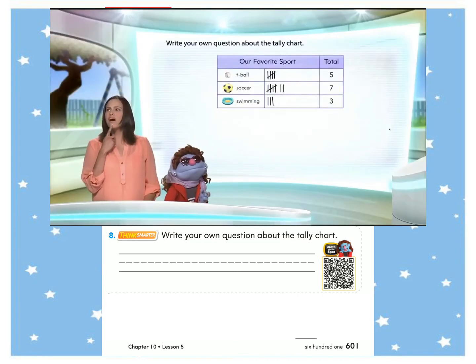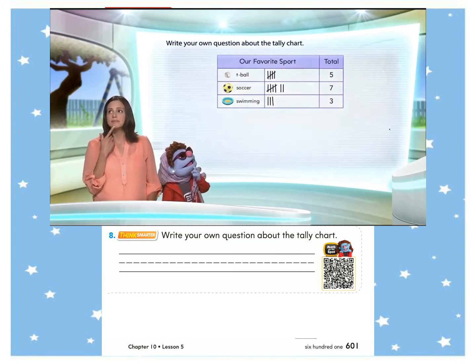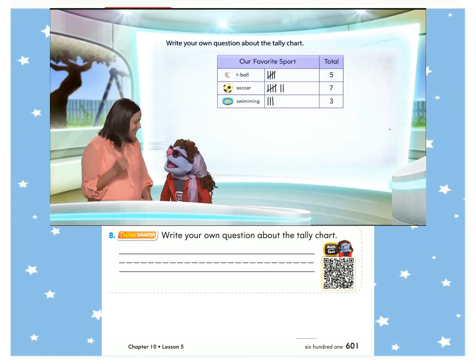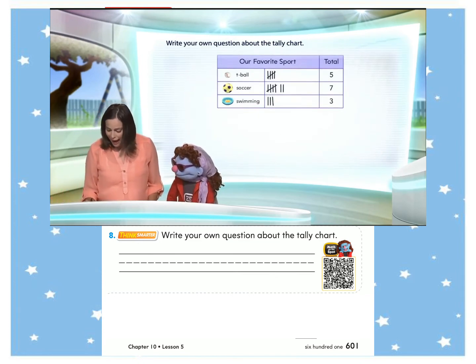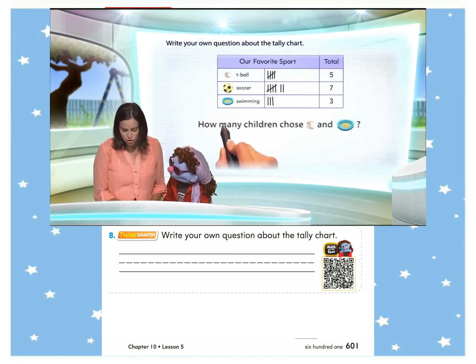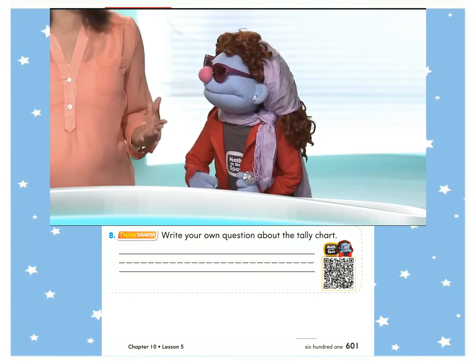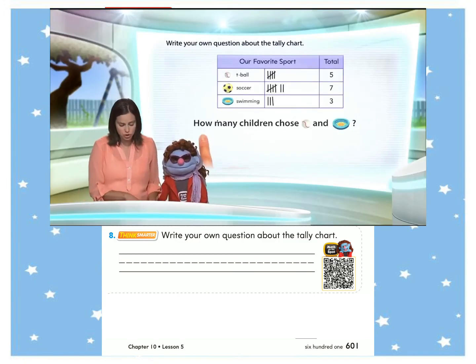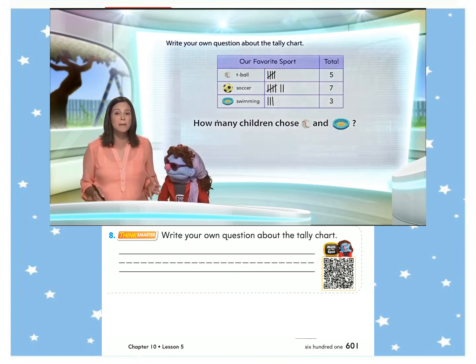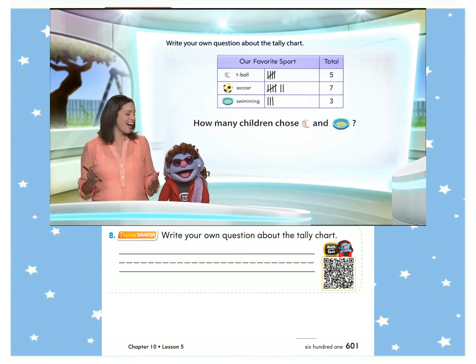Now, what can we ask? Remember, we have to come up with a question. What can we ask? I got it. What if we ask, how many children chose t-ball and swimming? That's a good question. Okay, now if we're trying to find the number of children who chose t-ball and swimming, that means we have to add.